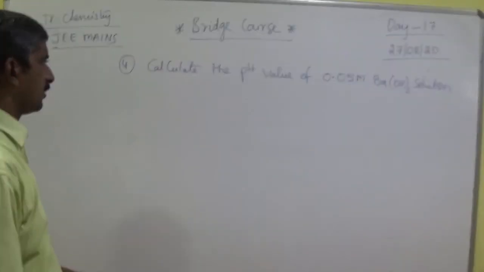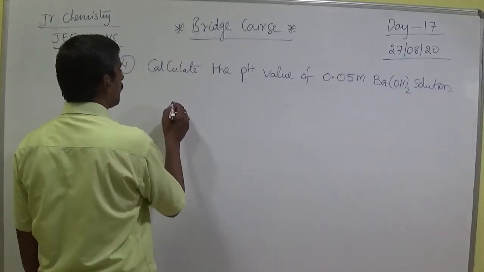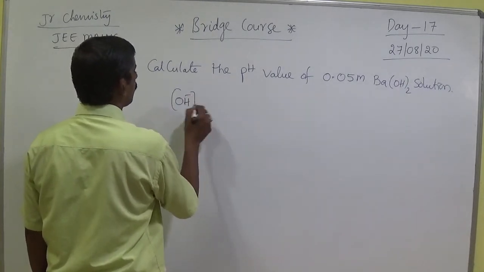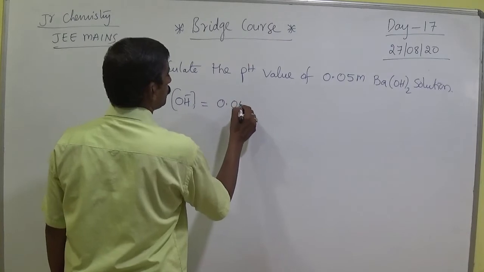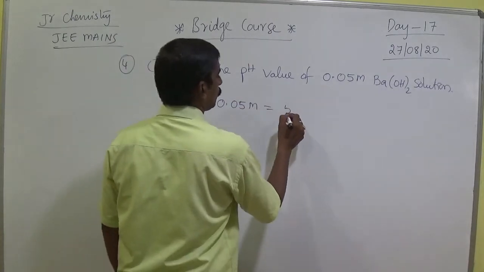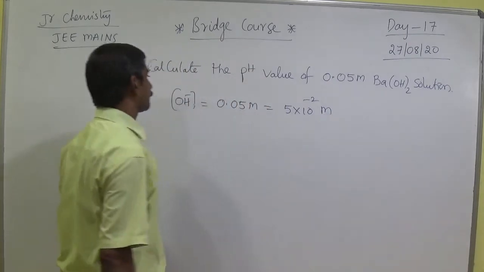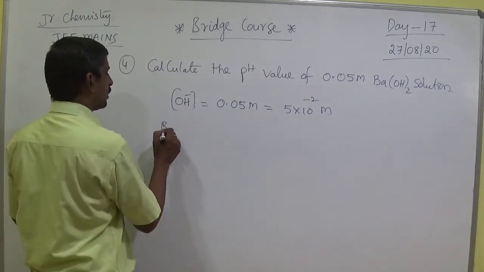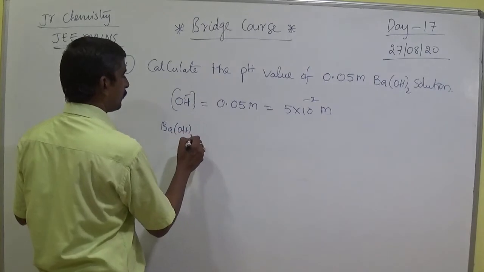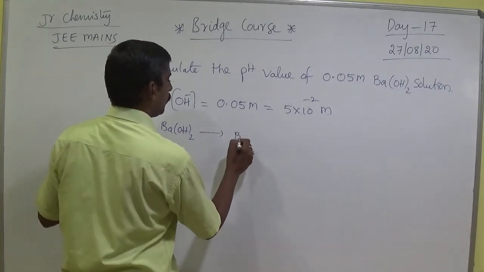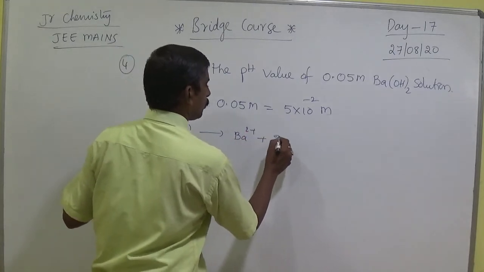In this case, barium hydroxide is a strong base. Generally, the OH concentration given is 0.05 molar, that equals 5 into 10 to the power minus 2 molarity. But barium hydroxide produces Ba2 plus and 2OH minus.